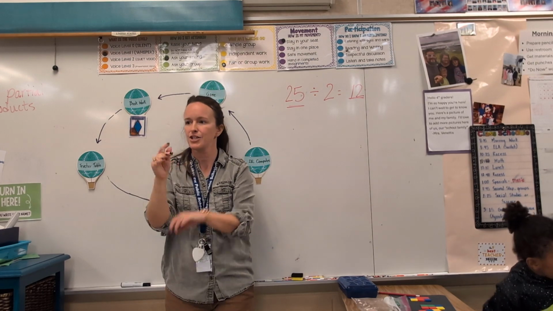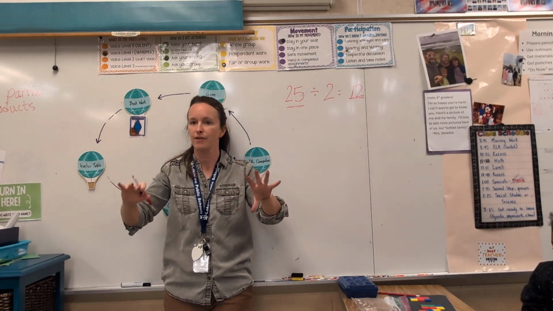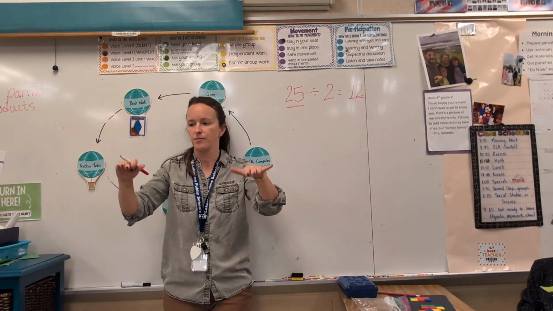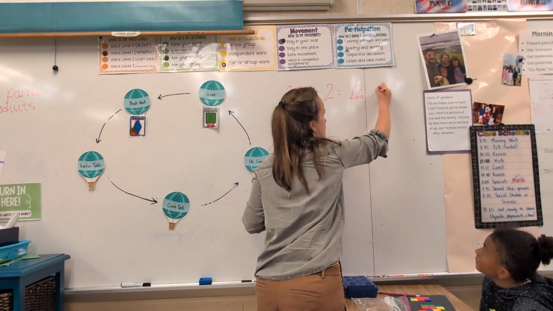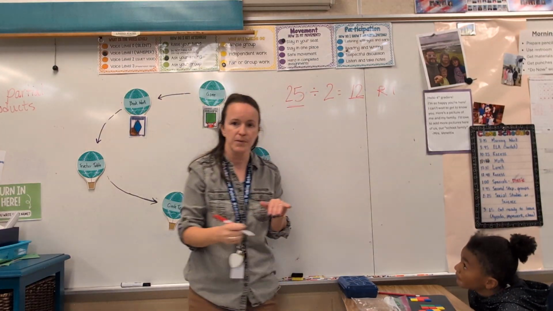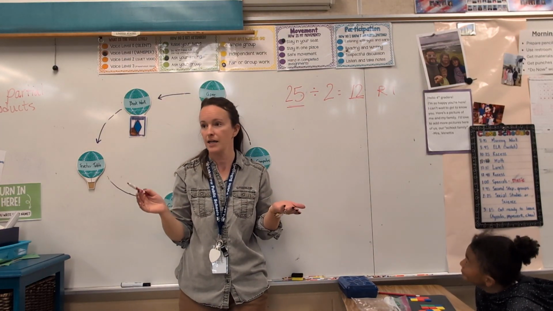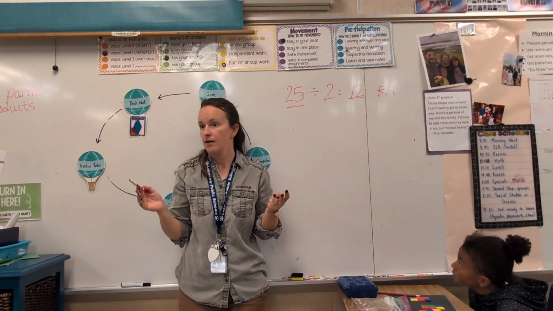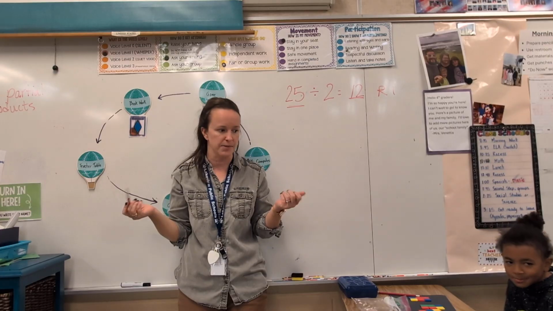So if you split your tiles equally into 2 piles, then you have 25. You should end up with 12 in each pile and 1 person left over. So he cannot split his students into 2 equal groups either. Or he can't even do 2 pairs, right? He can't even have partners without anybody left over unless somebody's absent.